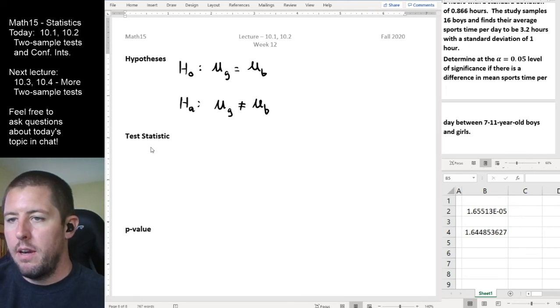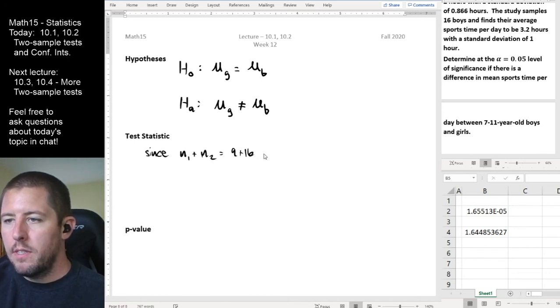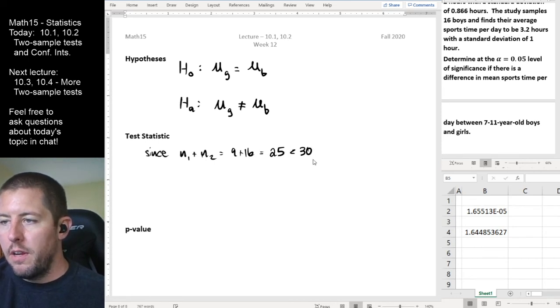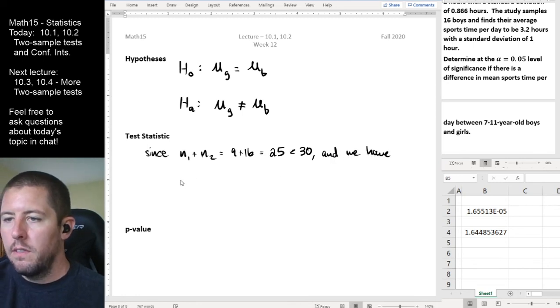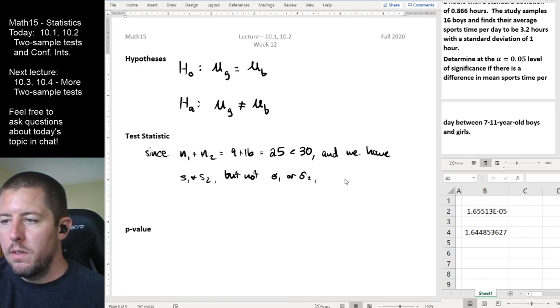So let me say here, since n1 plus n2 equals 9 plus 16 equals 25, which is less than 30, and we have S1 and S2, but not sigma 1 or sigma 2, we use T.